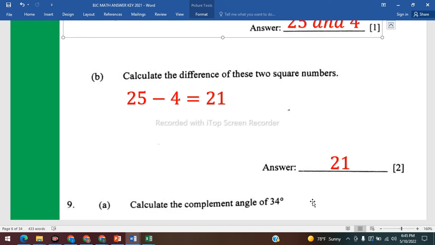146. No, ma'am. What are complement angles, or complementary angles, by the way? So write this down.